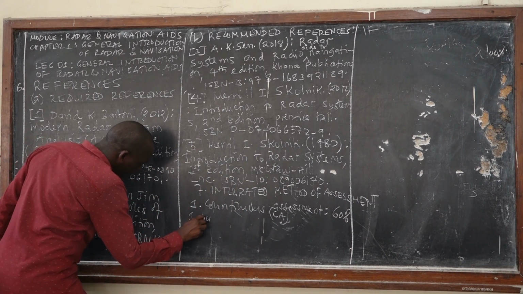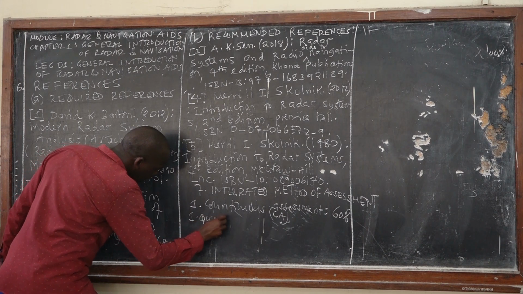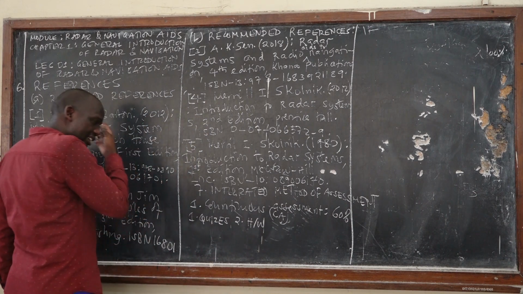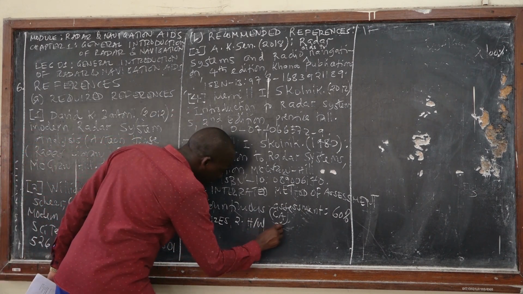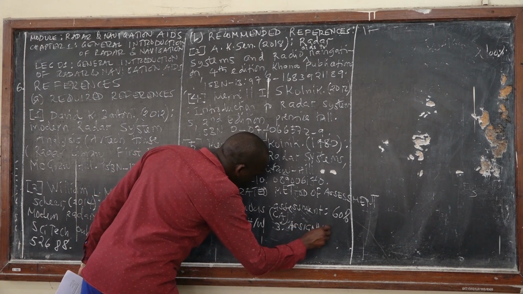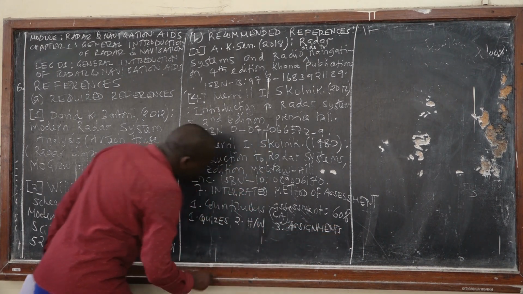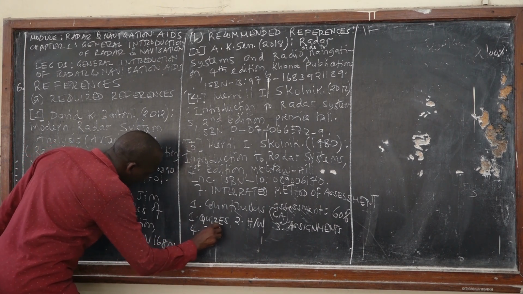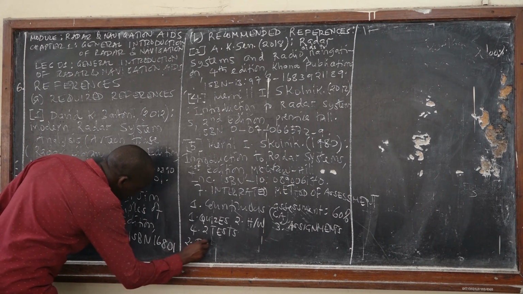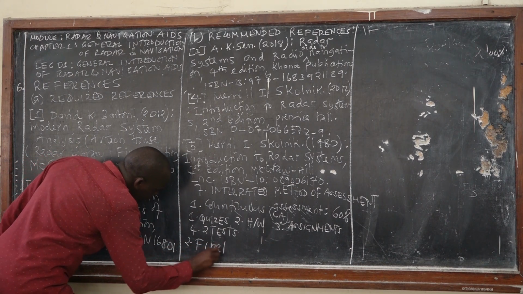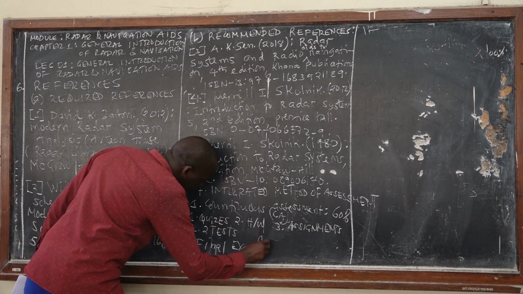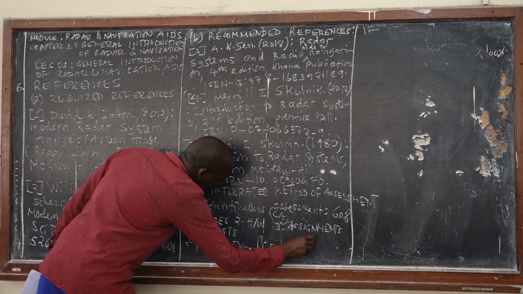Number one, I will give you quizzes. Number two, I will assess you by homework. Number three, I will assess you by assignments, but not copy and paste. Number four, I will assess you by two tests. Then the last method of assessment is a final exam.